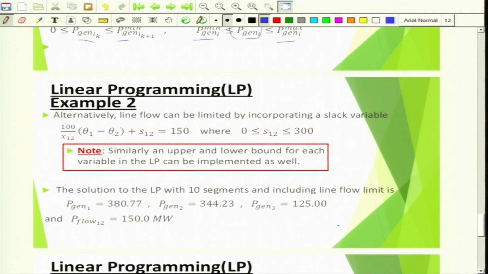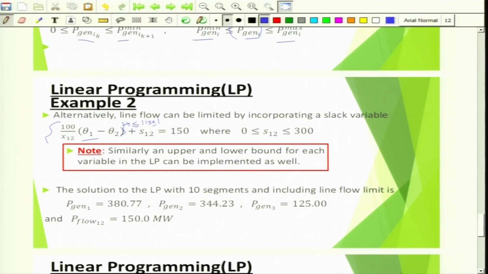So alternatively, line flow can be limited by incorporating a slack variable. If you see here, 100 by x12 into theta 1 minus theta 2, this is a line flow constraint. This should be less than or equal to a specific limit. What we are given is mod of 150 megawatt.